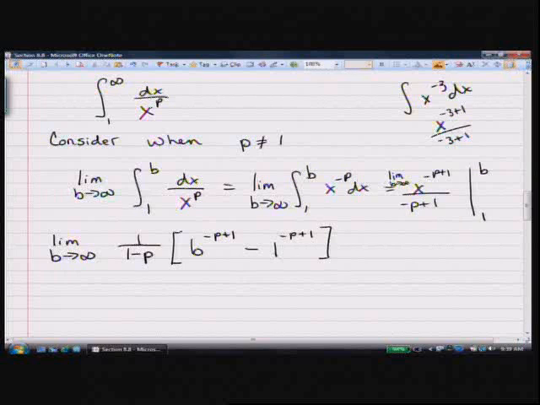This part, where would this go? Well, if p were 7, this would still just be 1 over 1, right? So it's almost like it doesn't matter, because 1 to any power is still 1. We know this is just going to be minus 1. Okay, so when p is greater than 1, we will get 1 over 1 minus p times negative 1.